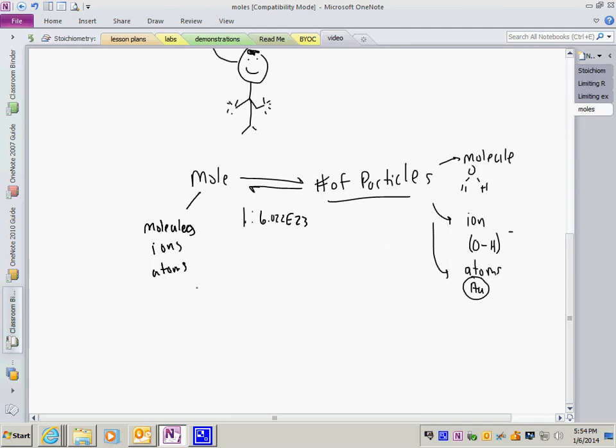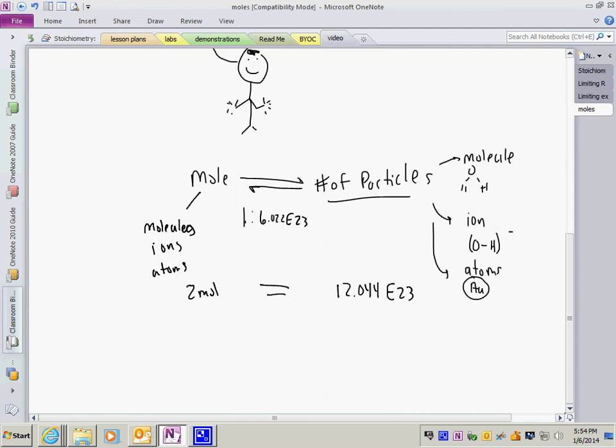I can have 2 moles, or I could have 12.044 e to the 23rd actual particles. If it's 2 moles of molecules, I'd have 12.044 e to the 23rd particles of molecules, or atoms here. Either way, these are equivalent.